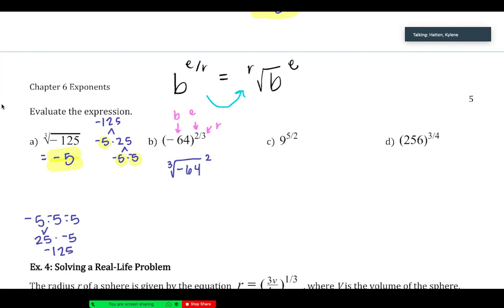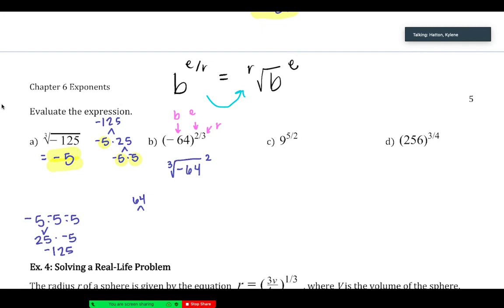If you can figure it out in your head, more power to you. Just remember, I'm going to show you a factor tree on each one. This one's a little bit more complicated, and I'll show you why in a second, but it's still something that you can use. So if I want to make a factor tree for negative 64, I'm just going to focus on 64 for now, and we'll worry about the negative after.